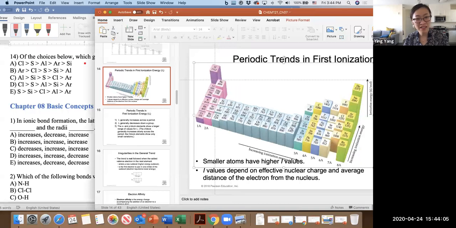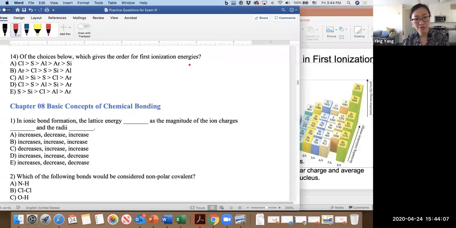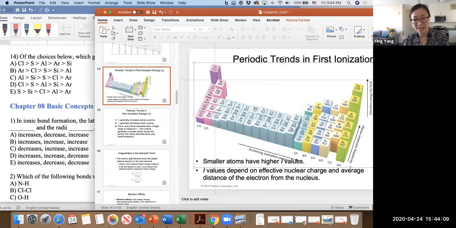And which one gives the order for first ionization energy? I'm going to label it for you. We have chlorine. Where is chlorine? Chlorine is here. Sulfur, aluminum, argon, silicon.